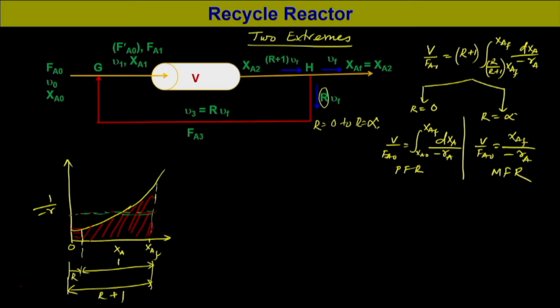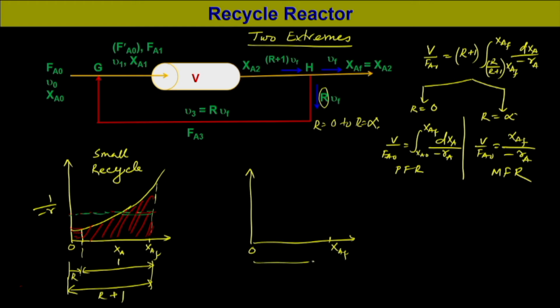But in this case, if we consider large recycle, so this is for small recycle. For large recycle, it would be 0 to XAF, say over here, and our recycle is very large.